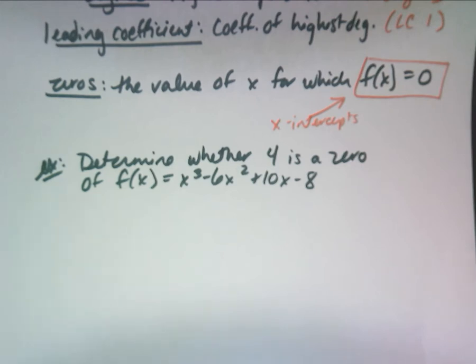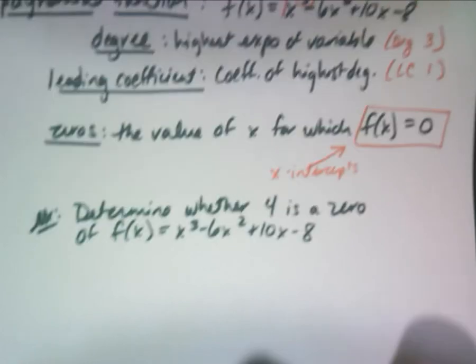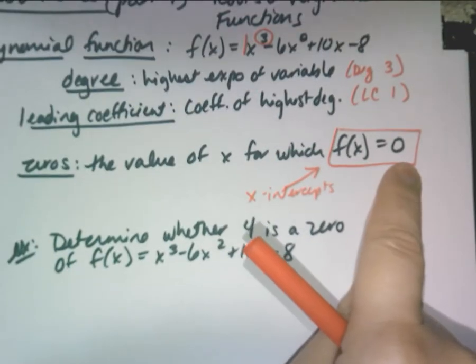Okay, so 2 ways to do this, depending on if you're allowed or not allowed a calculator. First of all, what would be the first way that you would figure out if this was a zero? Plug it in and get out a 0.